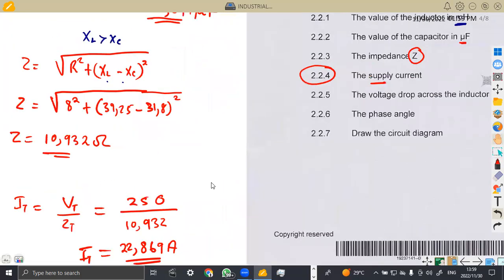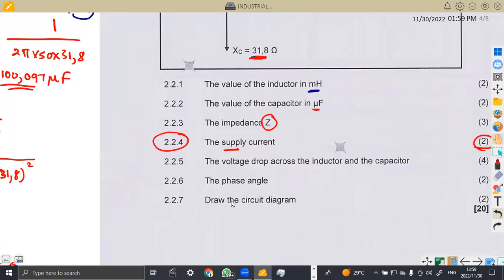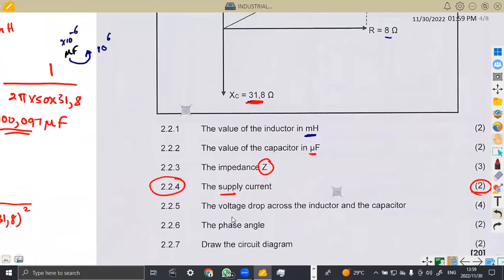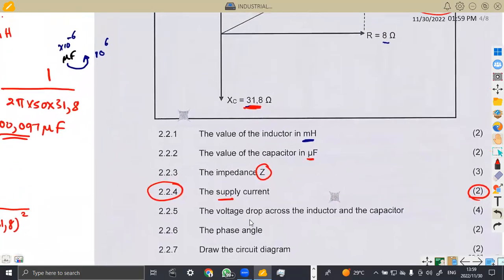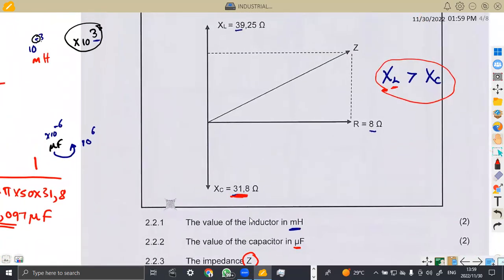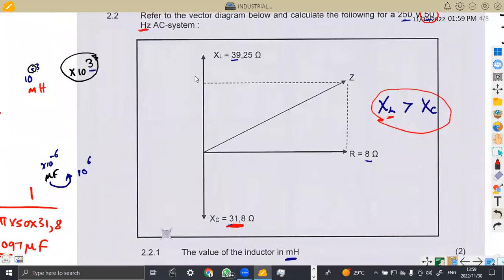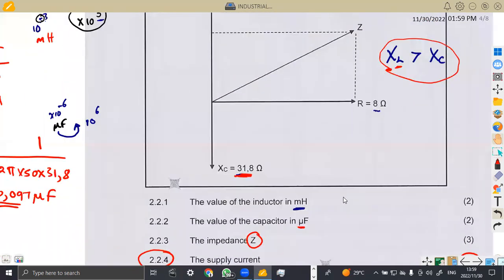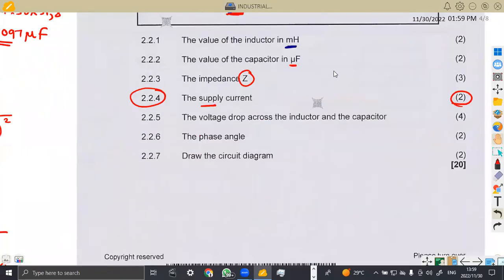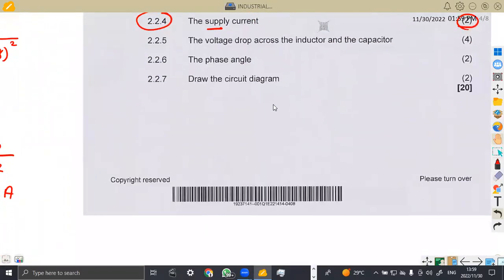That was 2.24. All right, 2.25, we are now asked to calculate the voltage drop across the inductor and the capacitor. We know that the vector diagram that we are given is actually a part where these are in series. And we know that in series, we've got the same current.